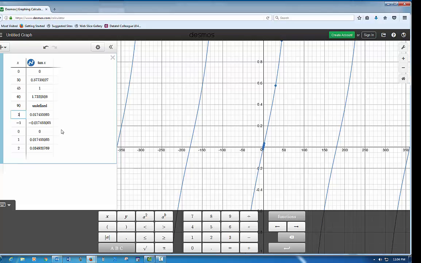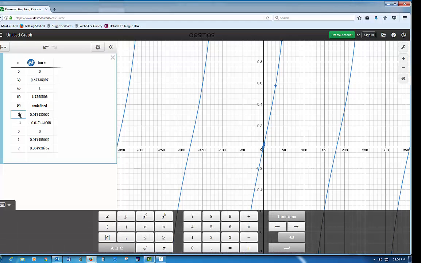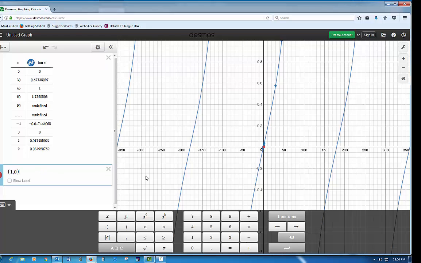So 1 for x and 0 for y. And it won't let me put that in there because this is just doing tangent of 1. But it's an ordered pair of 1, 0 that's there. And I can actually do another one. I can put that point on there so you can see. If I put it, it's right here in that same spot.